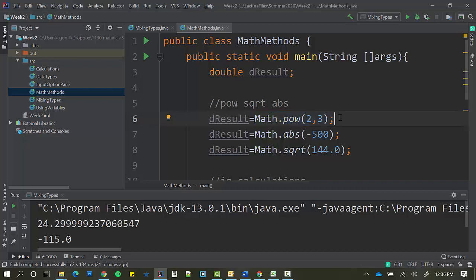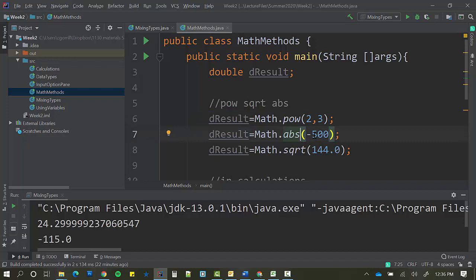A return means that when the method is done executing, it gives us something. So this is going to give us a double result, and it's going to return it to this point. So dResult gets Math.pow(2, 3). So 2 to the third is 8.0. It returns it to this point, and it's going to store that right there.